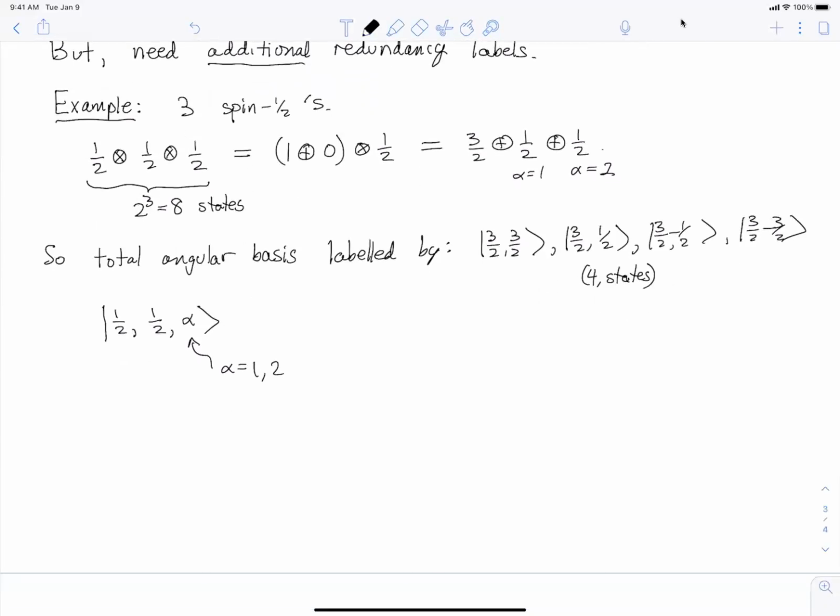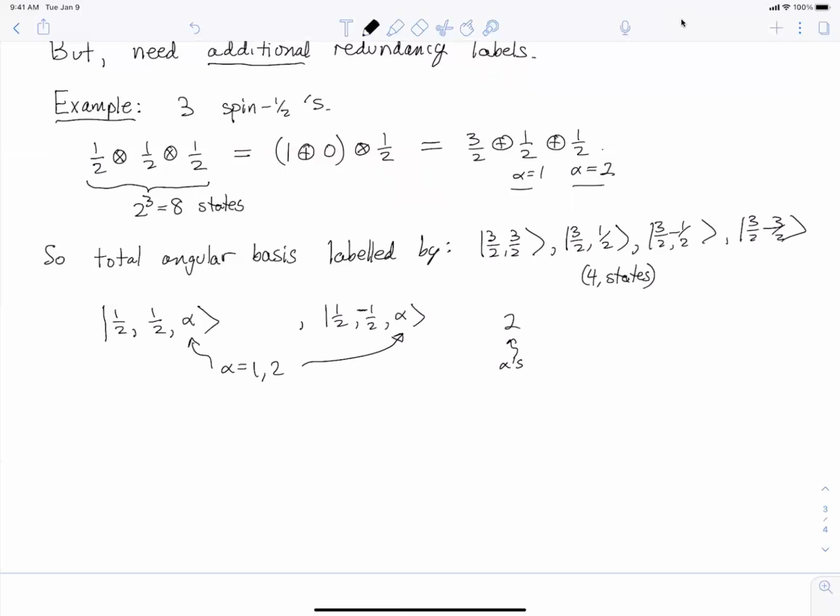Okay, so there's that. And then there's |1/2, -1/2⟩, again labeled by which one of the angular momentum 1/2s we're talking about, this one or that one. Okay, and so again, alpha, the redundancy label, can be 1 or 2. And so if we count how many of those there are, 2 for the alphas.